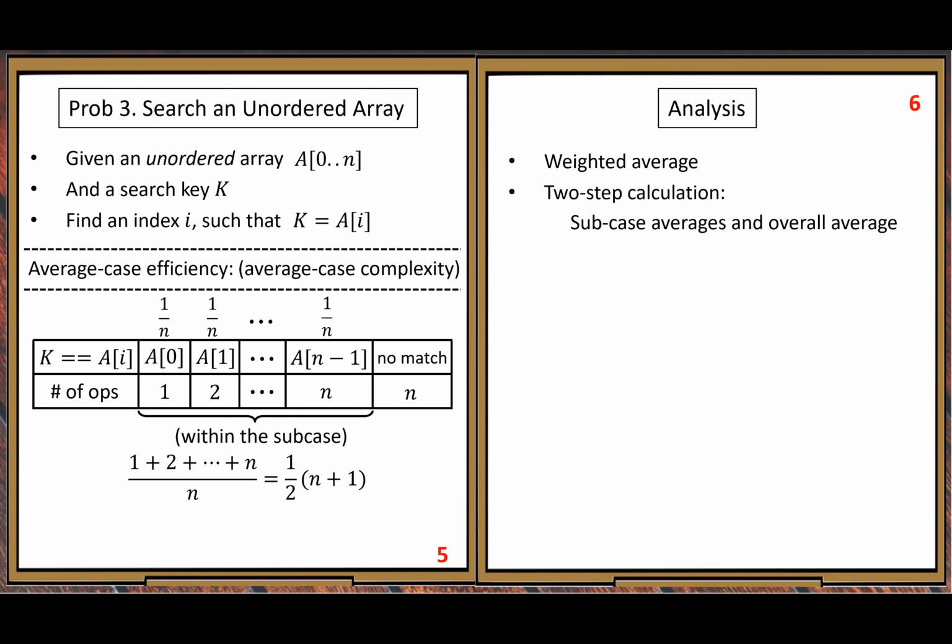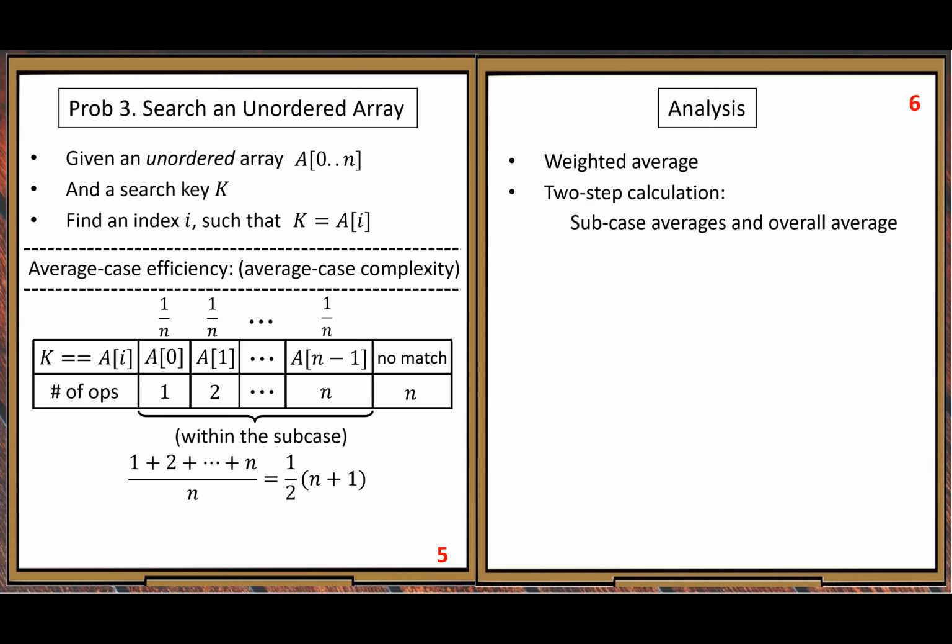Look at the subcase. This is also weighted average, but the weight is 1 over n. Or another way you view it, you just add up all the comparison numbers divided by n. That's our usual understanding of average. Adding up all the numbers divided by number of items. So that is our subcase average.